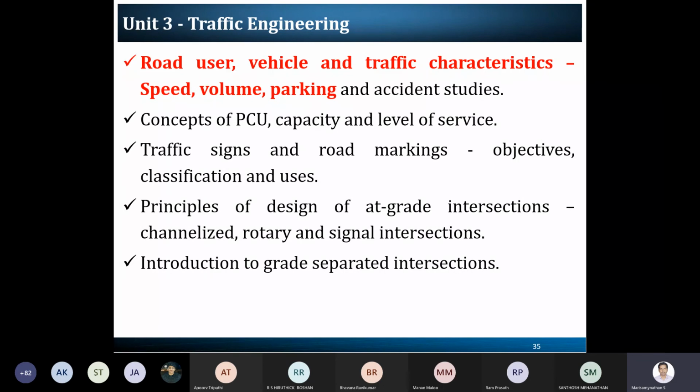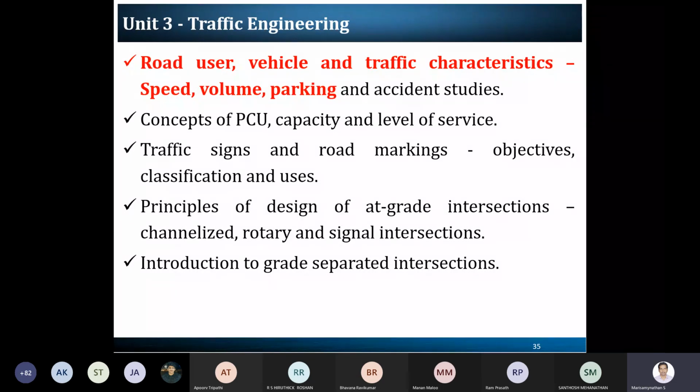That typical S curve we have seen, and with one simple problem, how to estimate the 98th or the 85th or the 15th percentile or the median speed, that we learned. For better understanding, I request everyone to solve that simple problem which we went through in today's session. Solutions I have given. You try to plot the graph. From the graph, you try to estimate the percentile speed of the given problem.